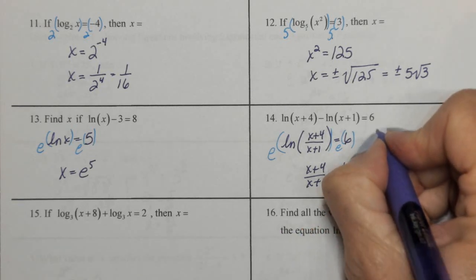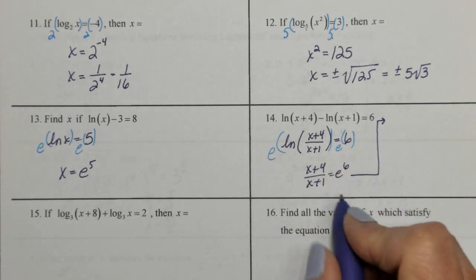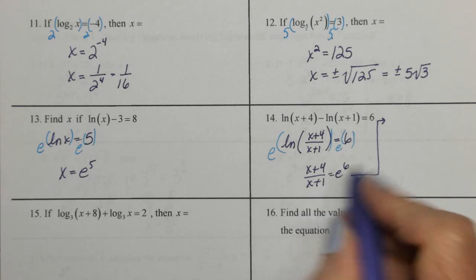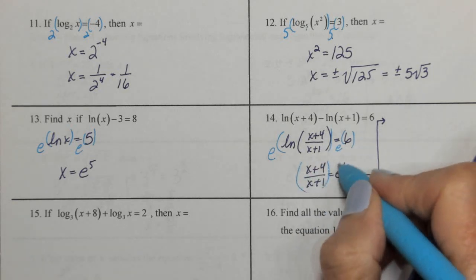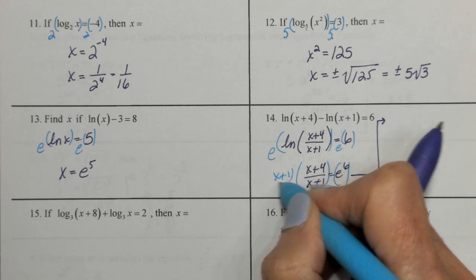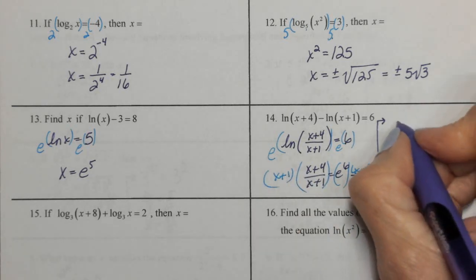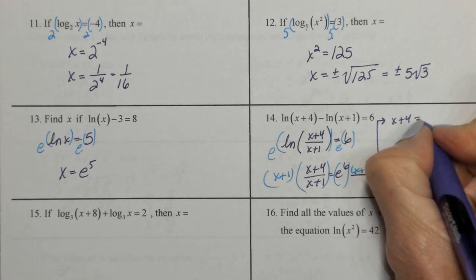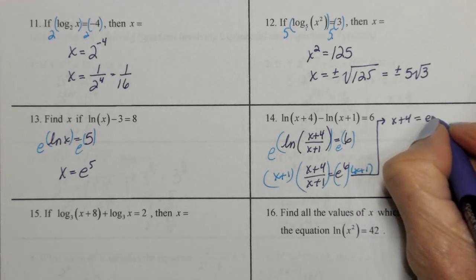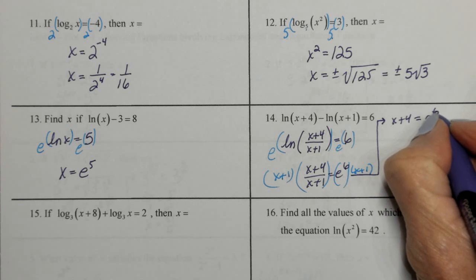It's a little messy. I'm going to multiply both sides by the denominator, x plus 1. But now it becomes problems that we should already know how to solve. So I'm going to have x plus 4 on the left is e to the 6.